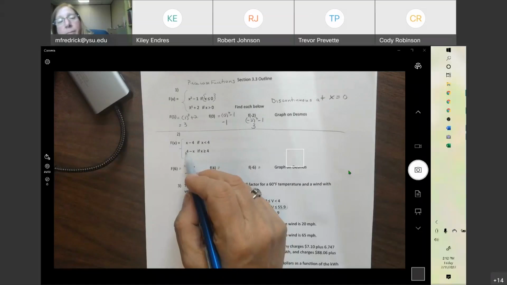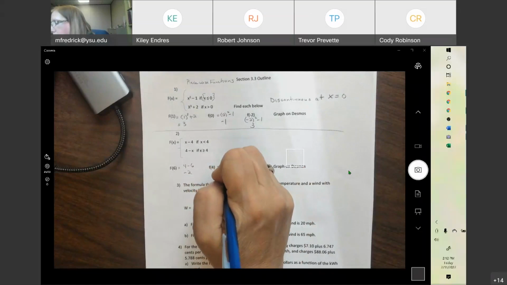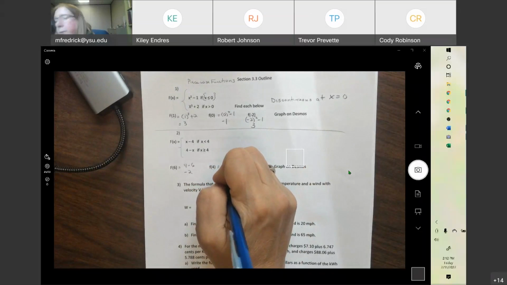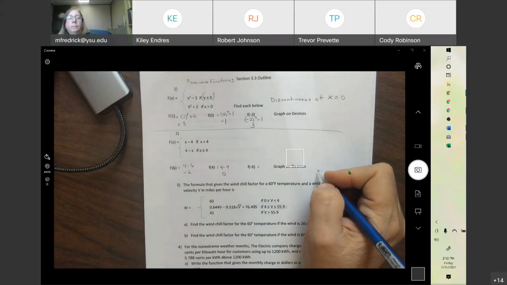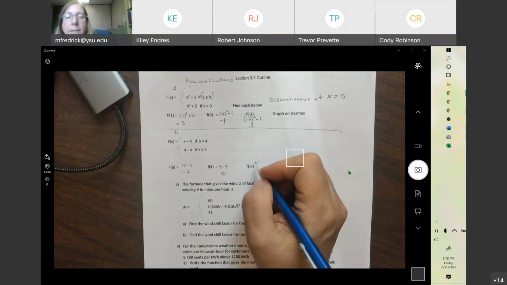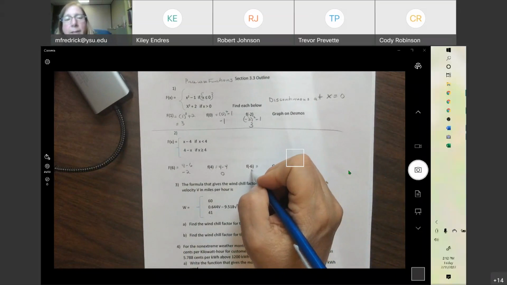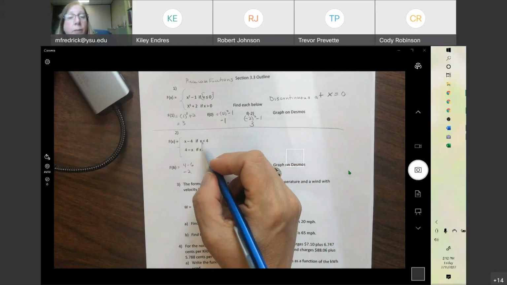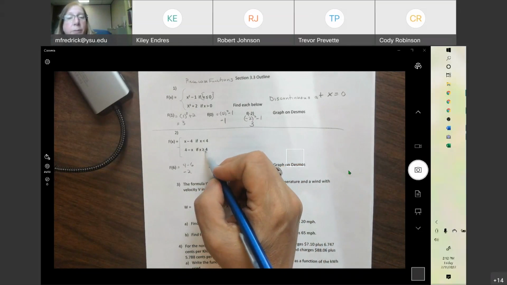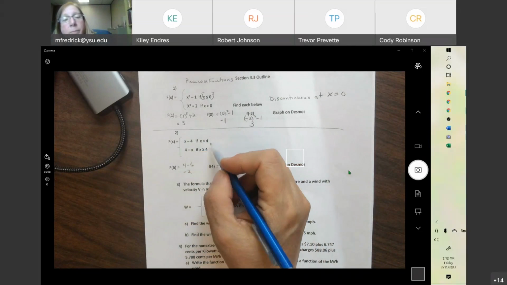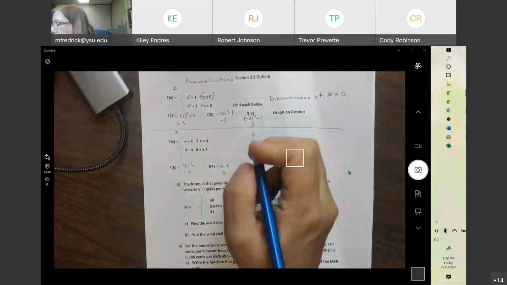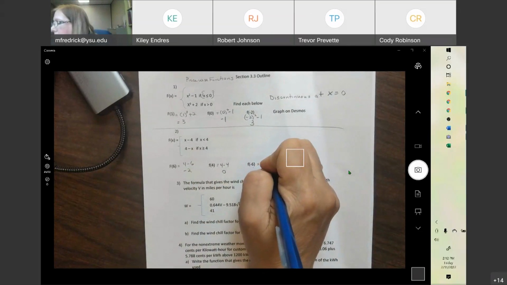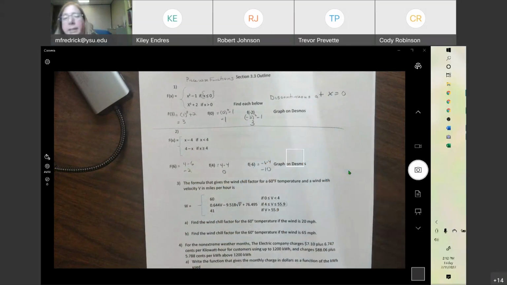So we use the bottom. 4 minus 4, you should have gotten 0. -6. -6 is less than 4. It's not greater than or equal to. So we use the top row. -6 minus 4, -10. Any questions on getting those?